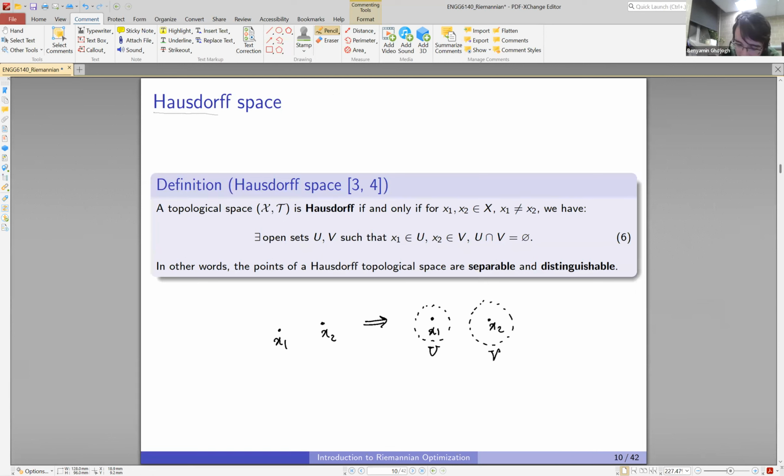Now, another important concept is Hausdorff space. You can take a look at references 3 and 4.